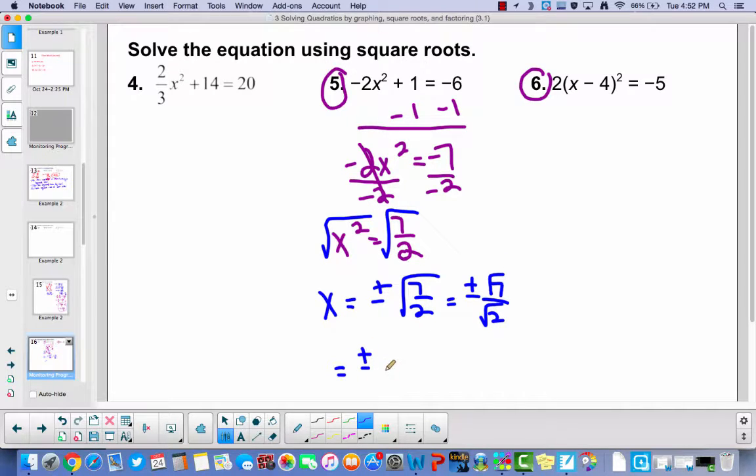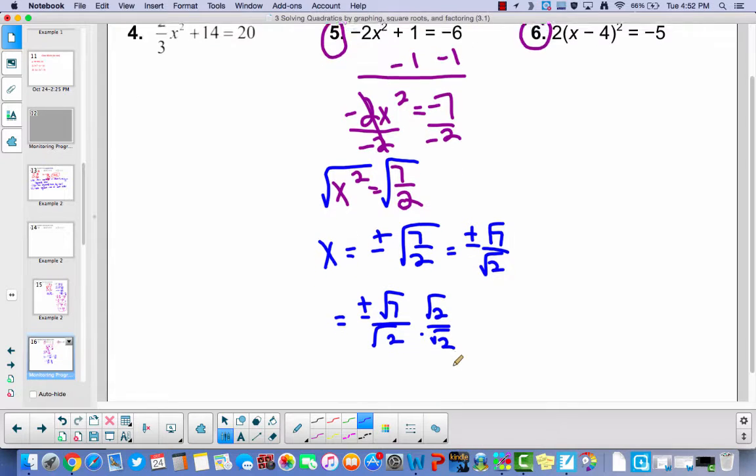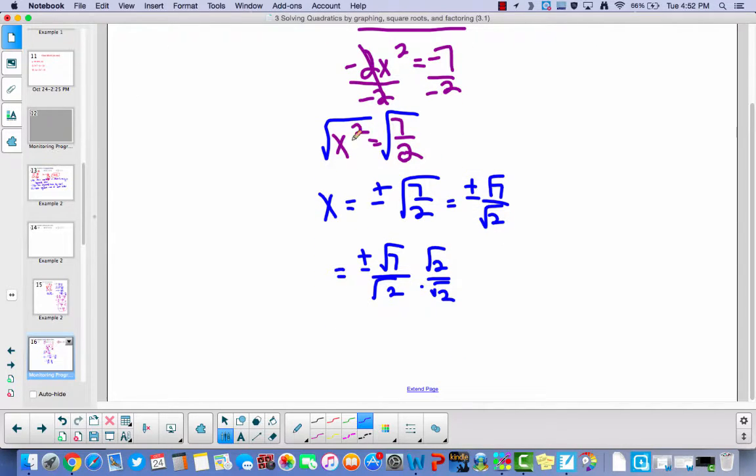No, so we have to multiply both top and bottom by the square root of 2. Remember, we can multiply under the radical, so I get plus or minus the square root of 14 over 2, since the square root of 2 times the square root of 2 is 2, and that would be my answer.